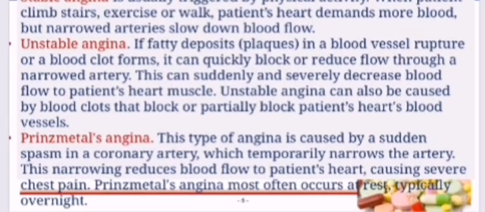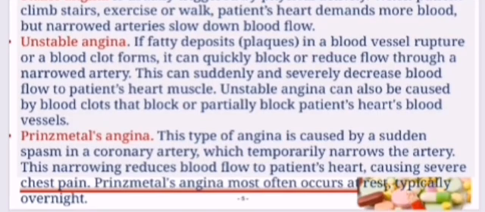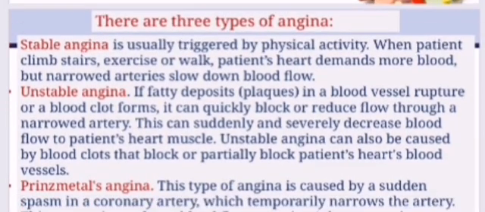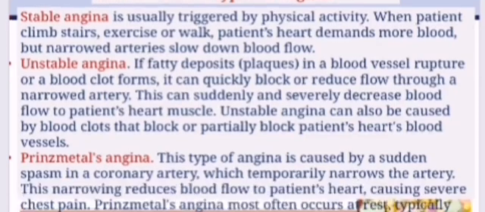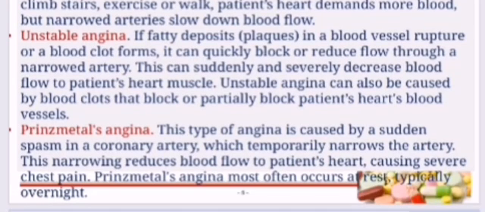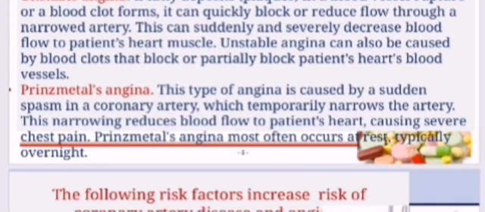Unstable angina occurs when a blood clot forms in the narrowed coronary arteries, which suddenly completely blocks or reduces blood flow to the coronary circulation. It can also be caused by blood clots that partially block the patient's heart blood vessel.